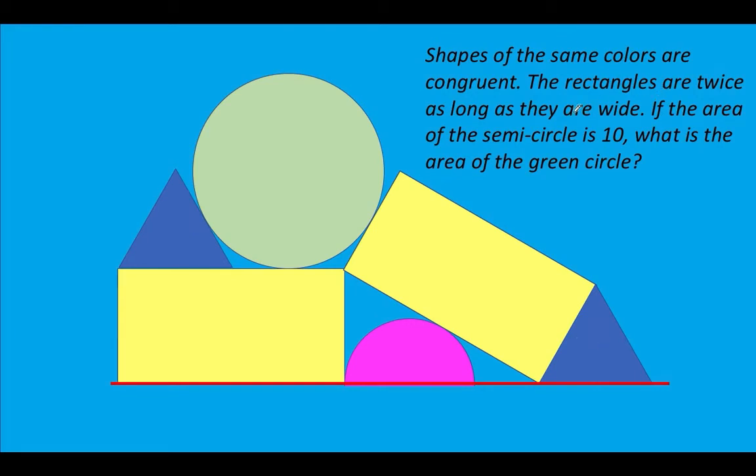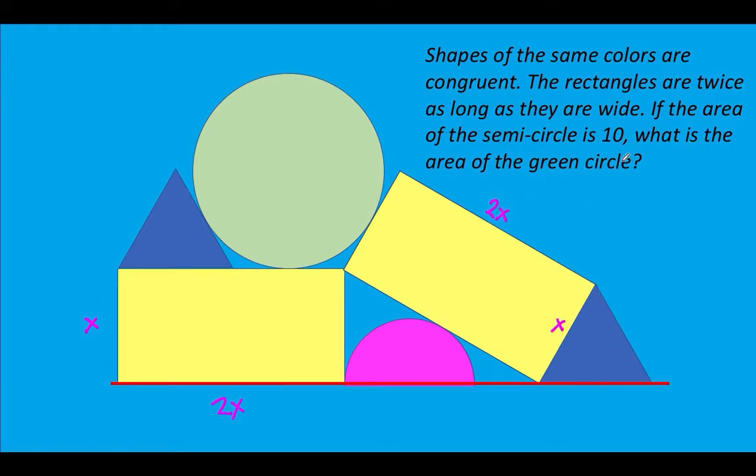The rectangles are twice as long as they are wide. So if the height of this rectangle is x units, then the width of this yellow rectangle must be 2x. Since these two rectangles are congruent, the height here must also be x, and the width must also be 2x.